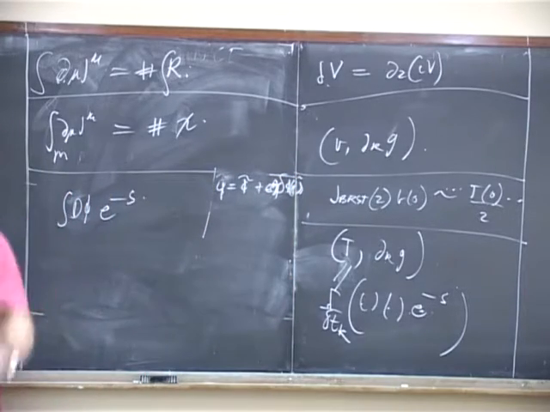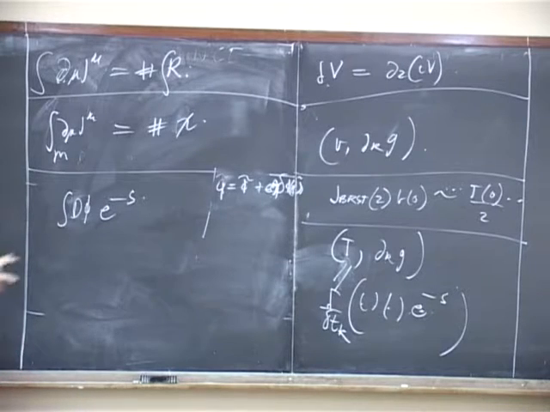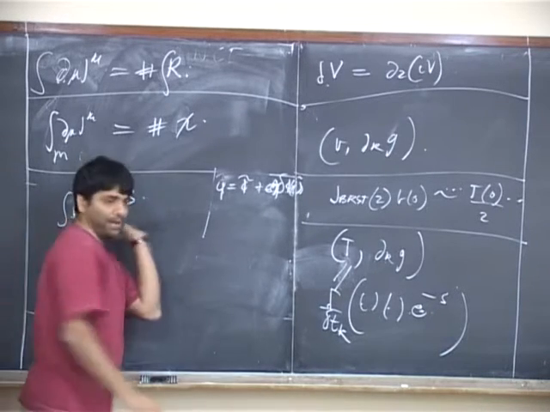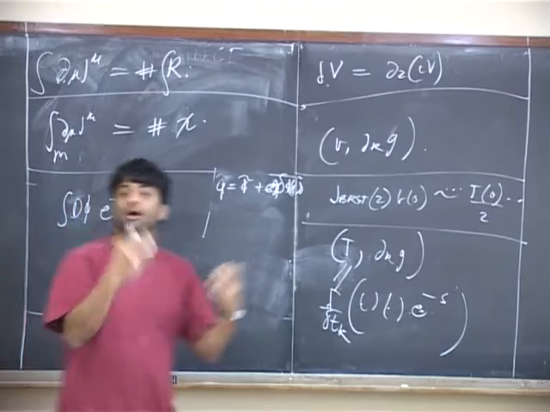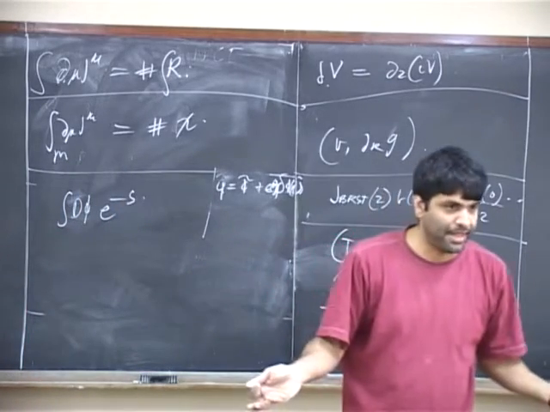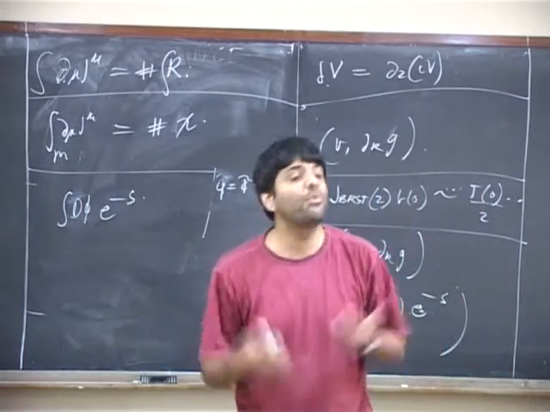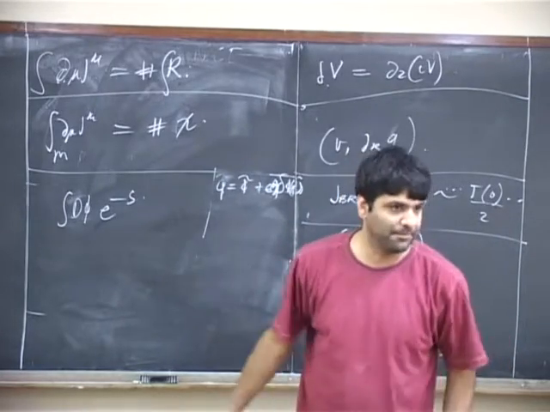We said we know that if it's a symmetry, then the change in the measure and the action will involve no terms involving epsilon, but could, and in general will, involve terms involving the derivative of epsilon.